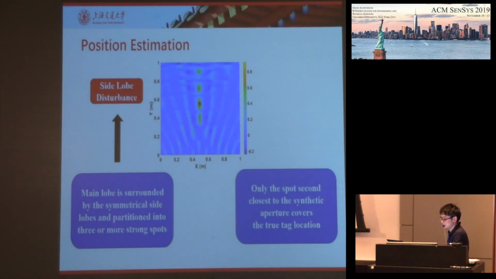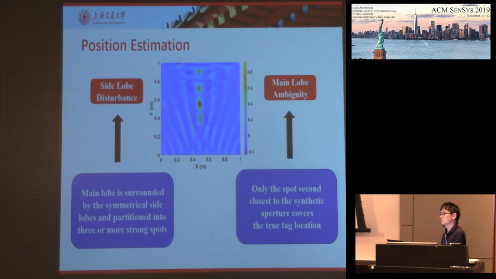And the second pattern is that only the spot second closest to the synthetic aperture covers the true tag position. Here, the synthetic aperture represents the x-axis. So if we can utilize this pattern, we can also address the main lobe ambiguity. All these findings demonstrate that there are many useful patterns in the holograms which can be utilized to improve the accuracy of RFID localization models.